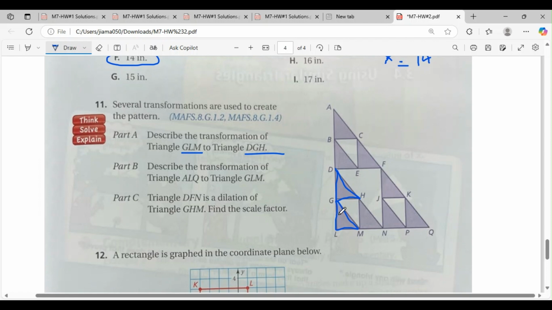Okay, so we can find that this is a transformation.